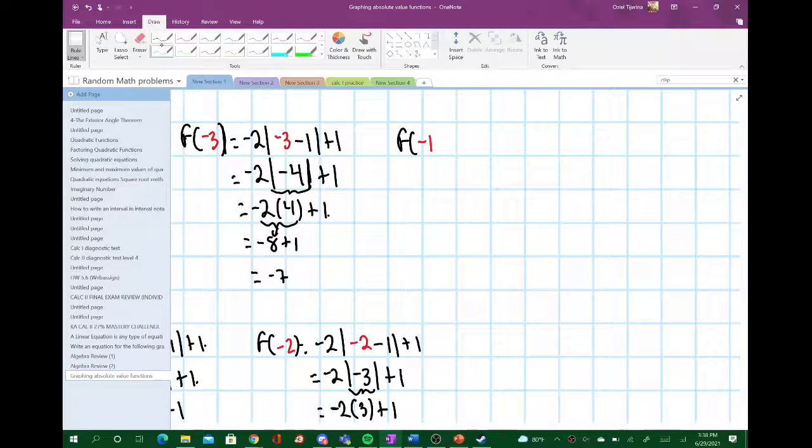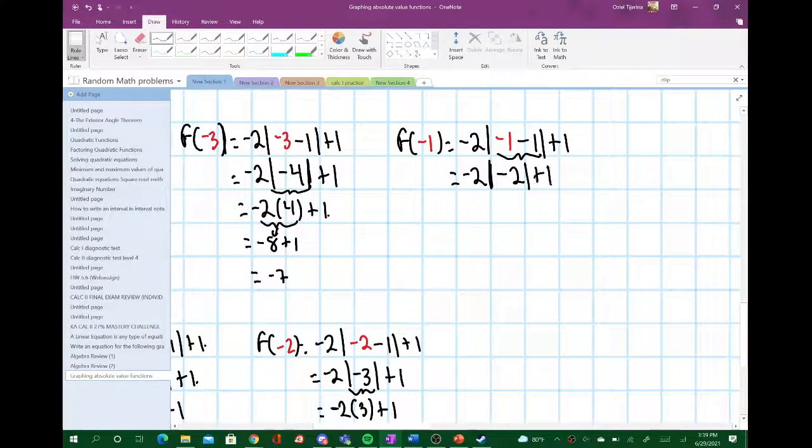So f of negative 1 is going to be, so we're going to do it again, negative 2 times the absolute value of negative 1 minus 1 plus 1. So then I have negative 2, and then I say, okay, what is negative 1 minus 1? It's going to be the absolute value of negative 2, right?